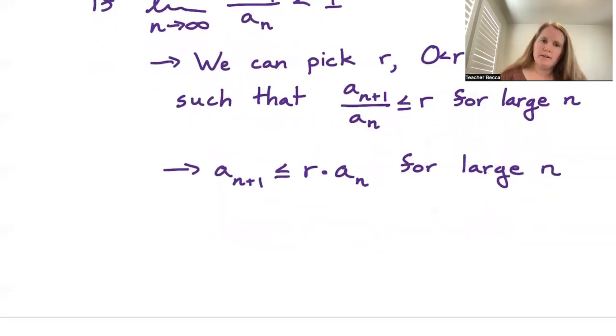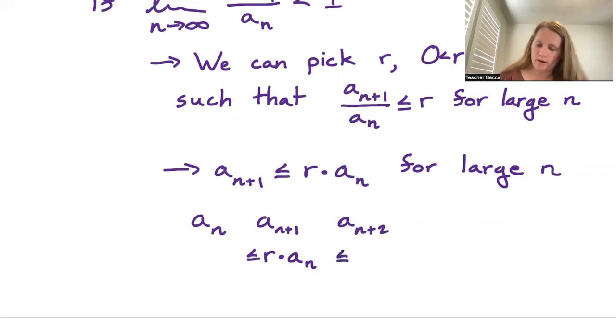Right? And so essentially, we would have, say, our a sub n, and then a sub n plus 1, we know is less than or equal to r times a sub n. And then a sub n plus 2, we would know would be less than or equal to r times a sub n plus 1, which would be less than or equal to r squared times a sub n.